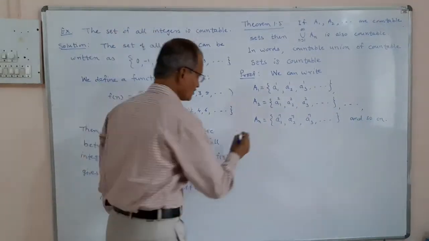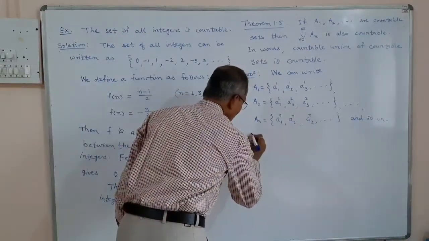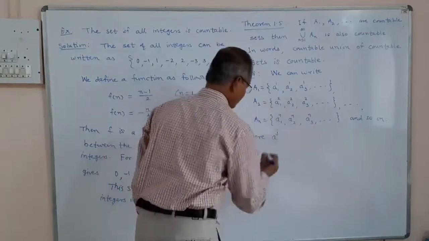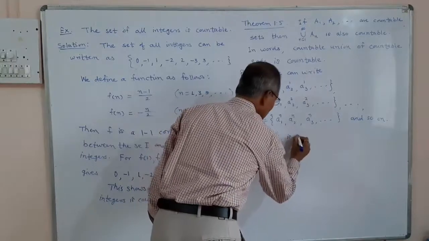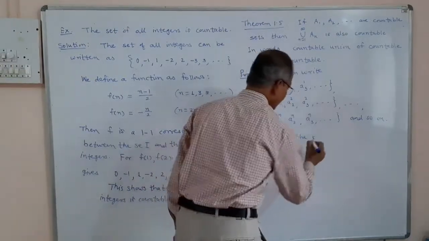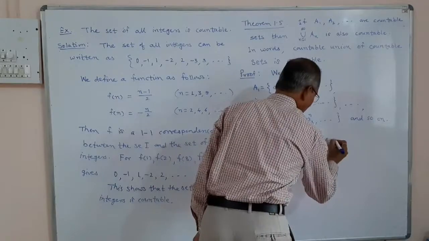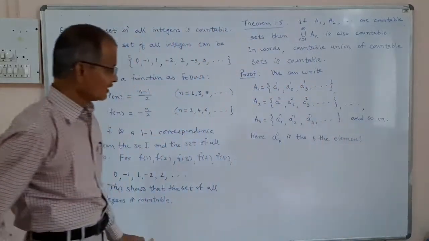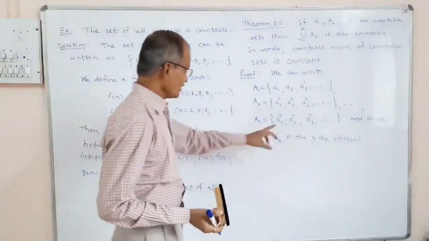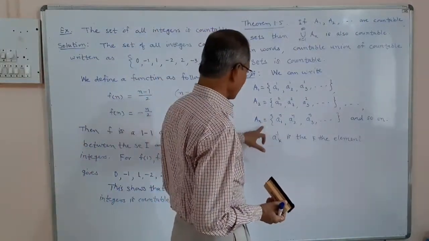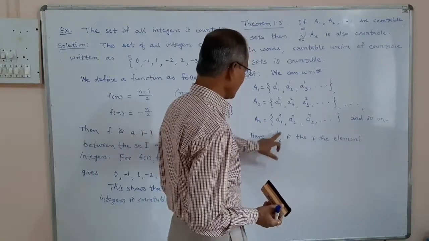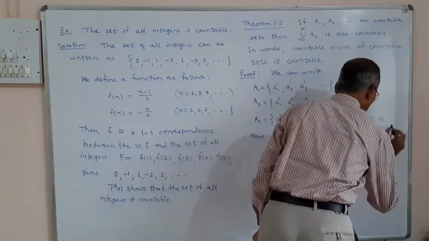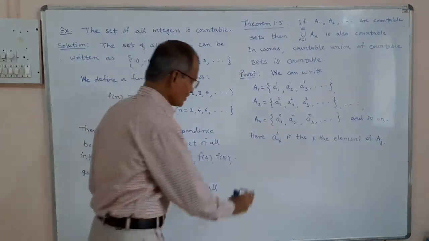Therefore, here the meaning is that Ajk is the kth element of, now which set? The kth element of Aj. See, this is the first element of Am, second element of Am, so it's the kth element of Aj. Now we define j plus k.